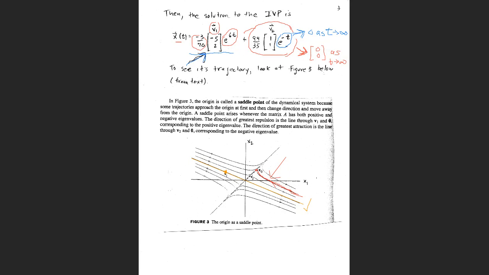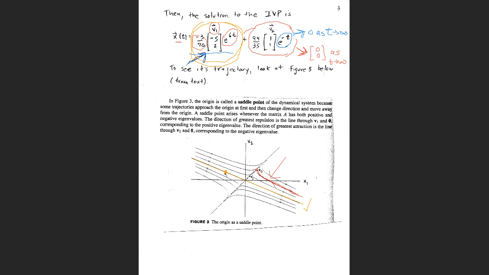And that's because as t is large, that's the only portion of the position vector that's left. The other part disappears as t gets large. And all of the trajectories, as the arrows signify that t is greater, take on paths that are parallel to the line passing through the eigenvector v1 and the origin.